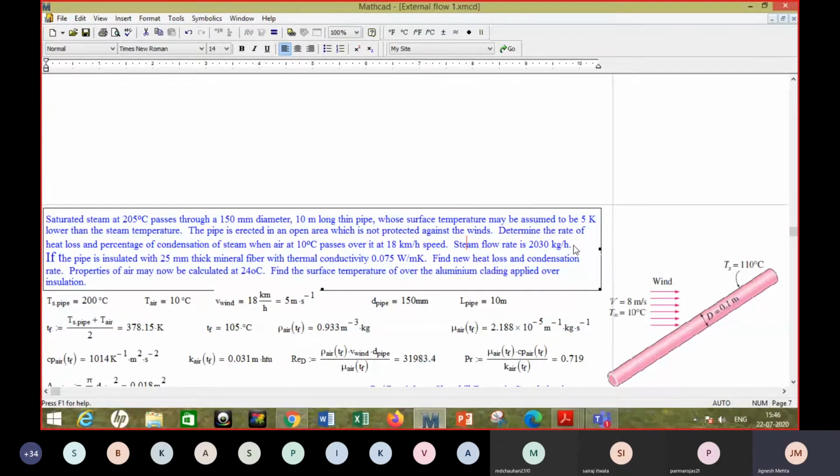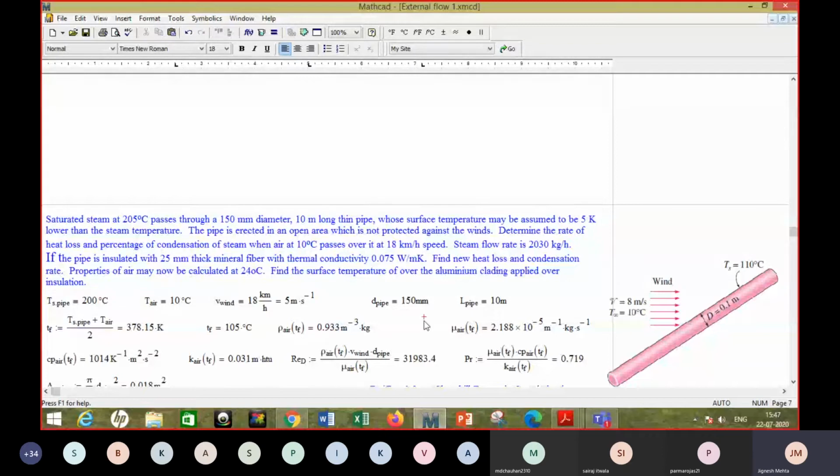Okay, so this is the first part. In the later part, which is the second part of the example, we'll modify it and talk about the insulation. So right now you need not worry about the later part and focus only on the first part.